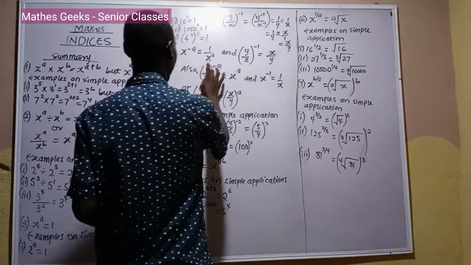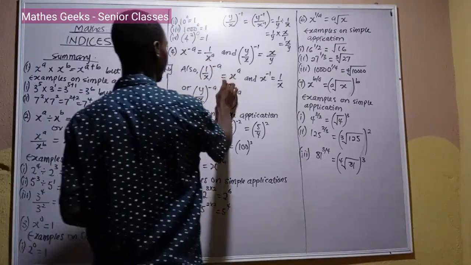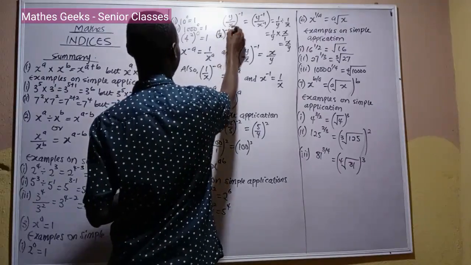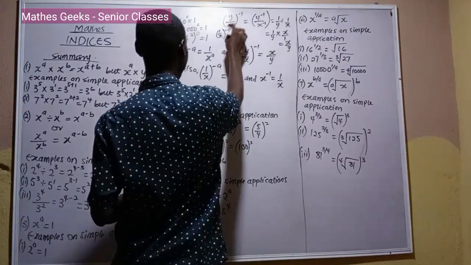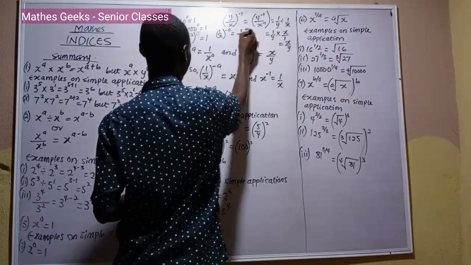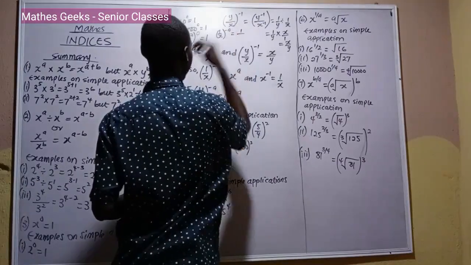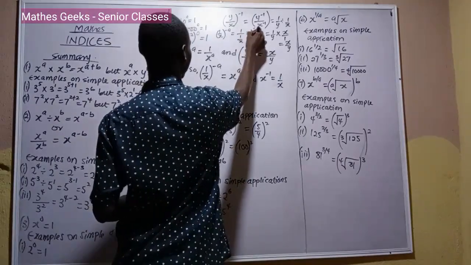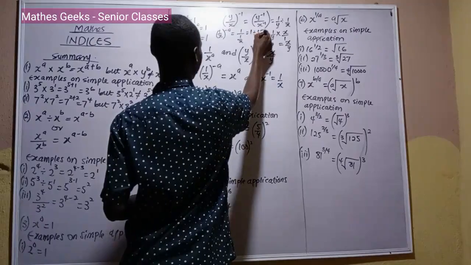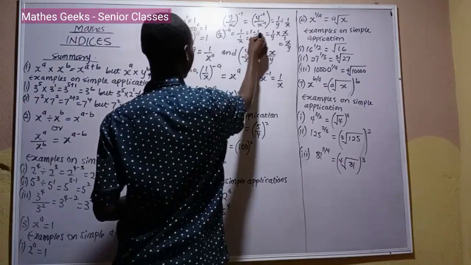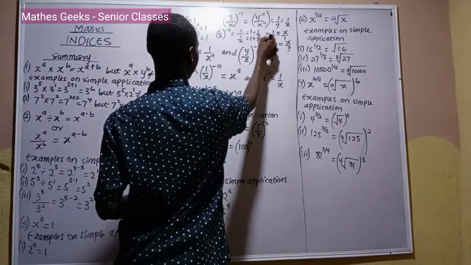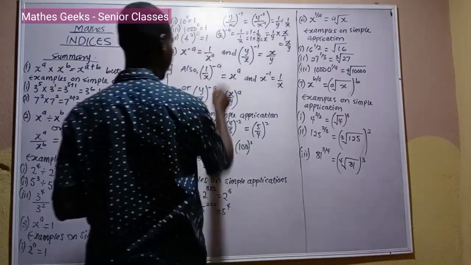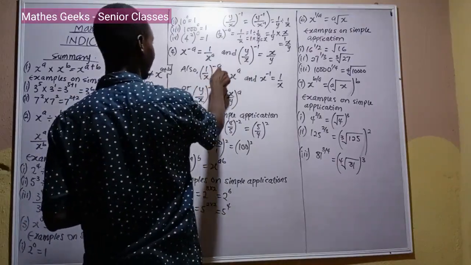Also, 1 over x raised to minus a will give us x raised to a. Why is it so? 1 over x raised to minus a is equal to 1 over 1 over x raised to a, and this is equal to 1 divided by 1 over x raised to a, and of course it's equal to 1 times x raised to a over 1, and that's equal to x raised to a.